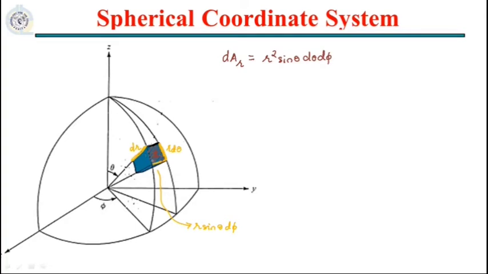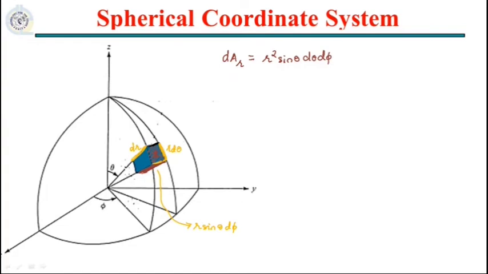Okay, so now let us take the theta constant plane. So which is the theta constant plane? Either you take the face that you cannot see, or let us take this. I'm going to just highlight it. I've shaded it fully, whatever I could see from here. Now the two lengths are the incremental radius and r sine theta d phi.